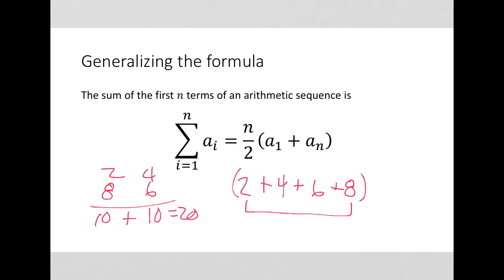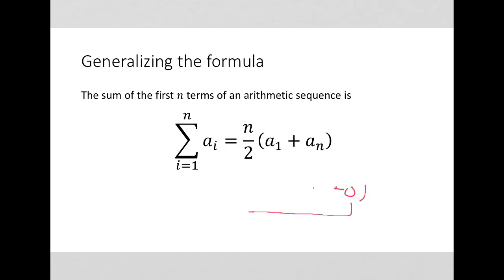This would also work even if we're dealing with an odd number of terms. But again, don't take my word for it. Why don't you just try it real quick? What about the sequence 3 plus 4 plus 5? Well, first off, we know that that's going to be 12, but let's calculate that using the formula.